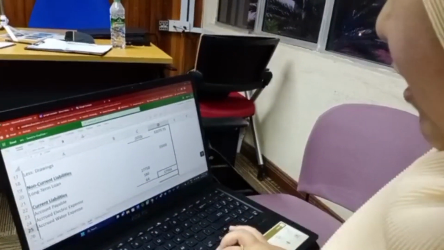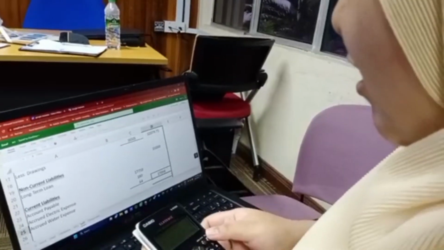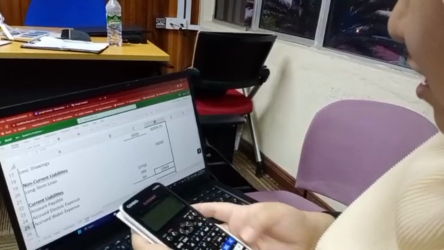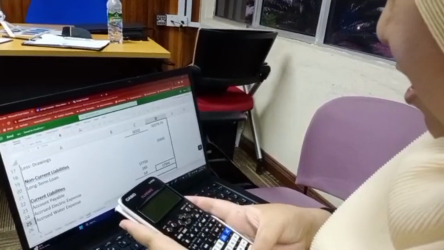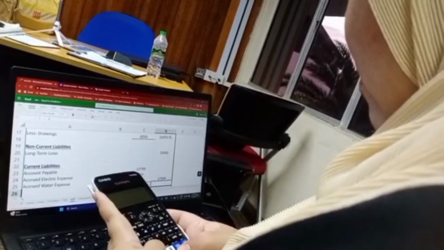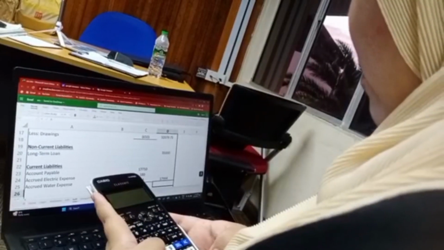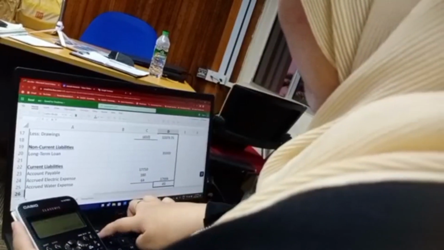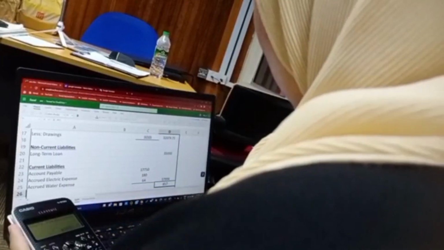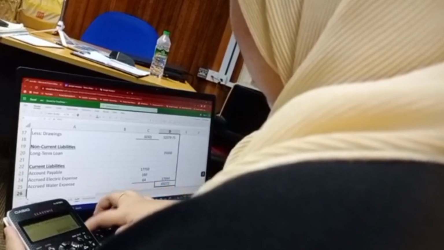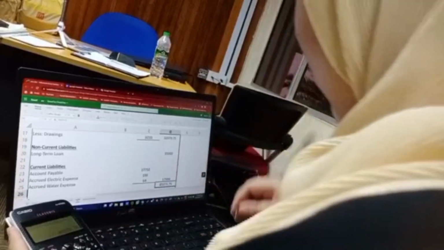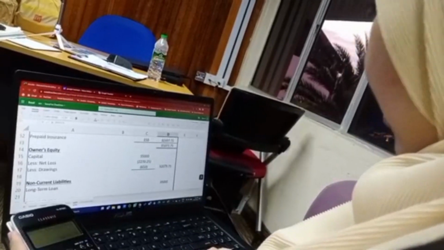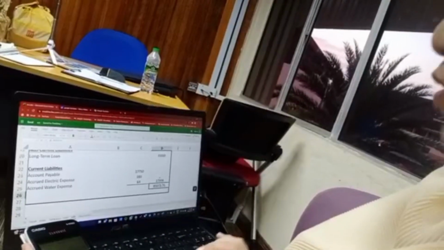Next, we're gonna total up the owner's equity, non-current liabilities, and also the current liabilities. So the total is 85,073 and 75 cents. So let's see if it's balanced. Yes, it is balanced. That's all from me. Thank you.